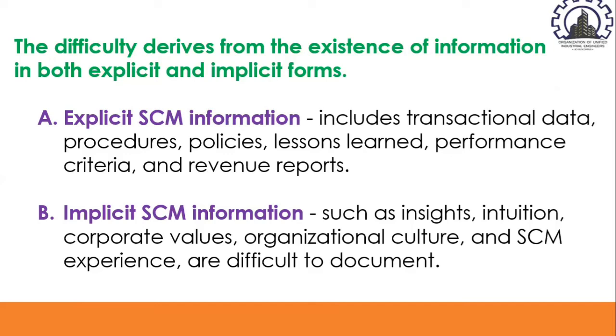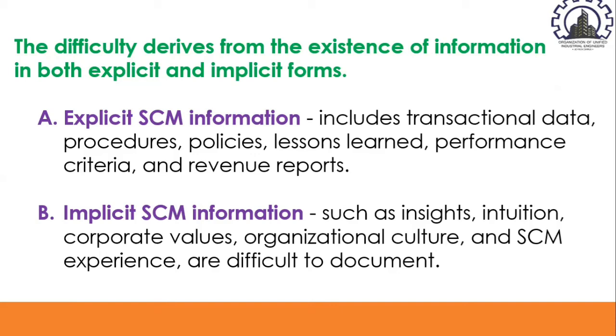Moving the explicit information across the supply chain is indispensable to support the flow of goods and funds. And after receiving explicit information, an effective supply chain manager should have the ability to reorganize and transform information into useful knowledge.